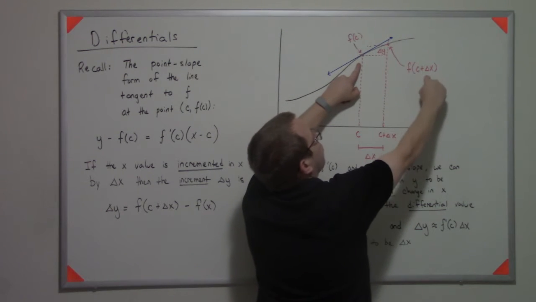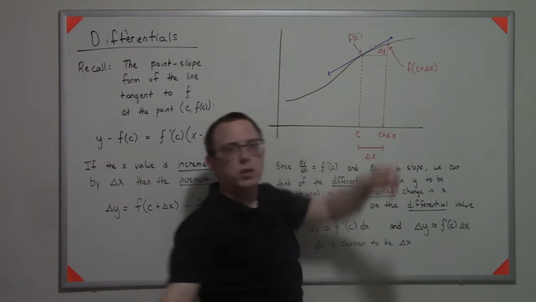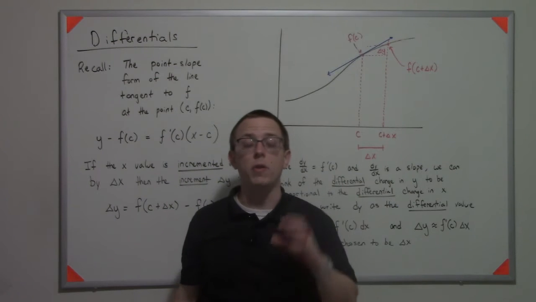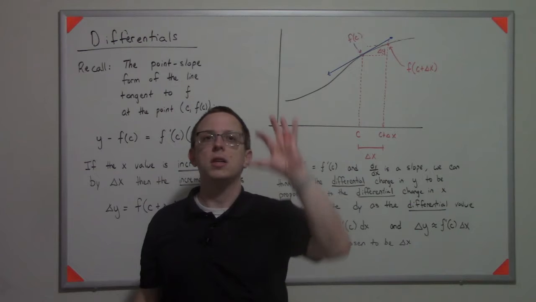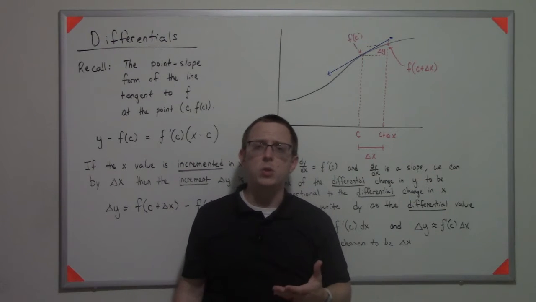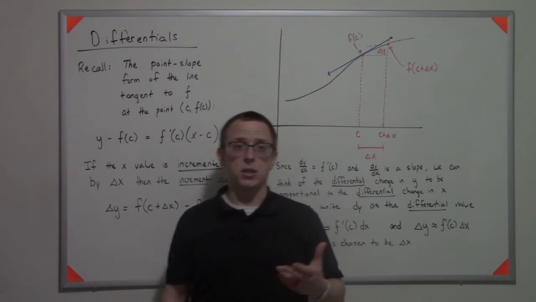I get the new function output at that new value, and I can compute the difference between the new function output and the old function output, and I can call that delta y. Because delta x is my change in x, delta y is my change in y. And when we think about it this way, those are usually what are called increments of x and y.